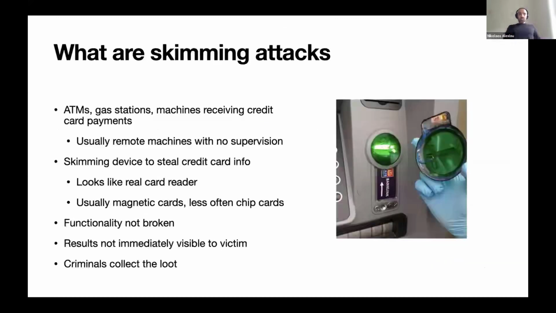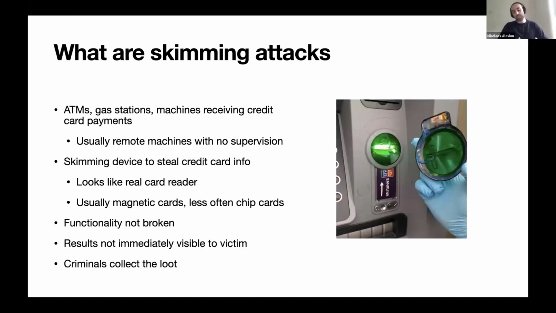But to the point of this talk, let's start by talking about skimming attacks, and we will start from the physical world because that's where they initially appeared. These kinds of attacks usually happen at remote locations where you have payment machines, ATMs, gas stations, places where they will accept your credit card.